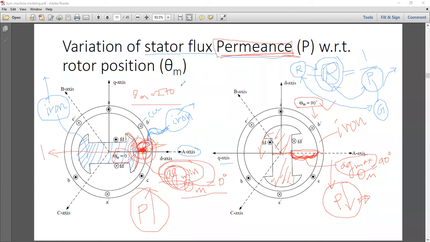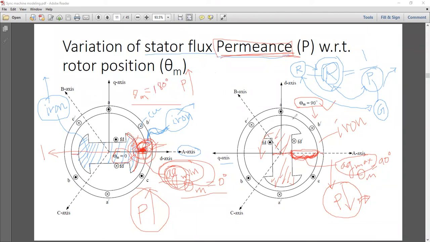Your P is again maximum. Sorry, not 270. After 90 it is 180. I'm sorry, I keep making this mistake every time, so this is 180.